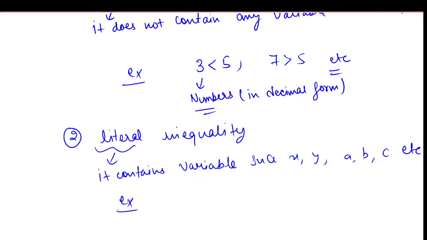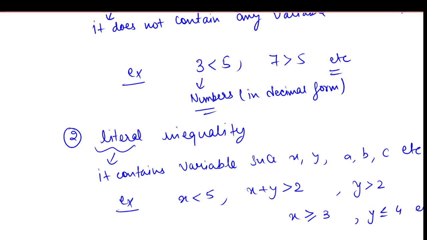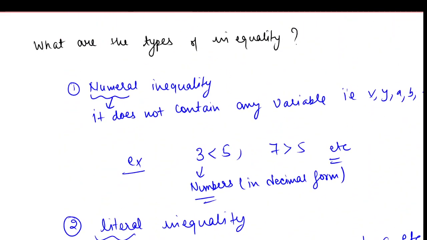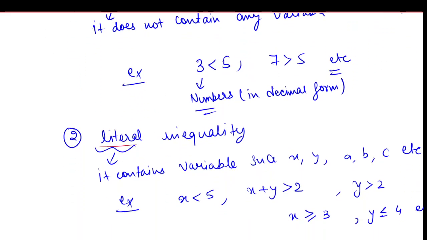For example, x is less than 5, x plus y is greater than 2, y is greater than 2, x is greater than or equal to 3, y is less than or equal to 4, etc. So all these inequalities are literal inequalities. So first is numeral inequality, second is literal inequality.